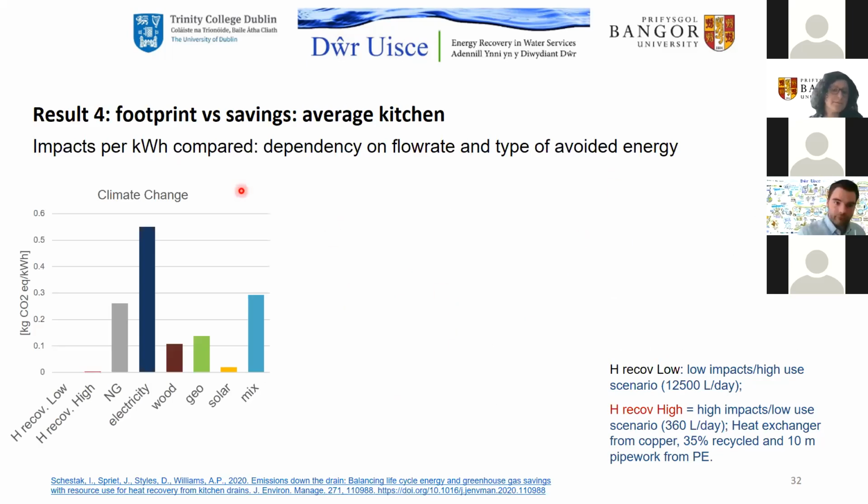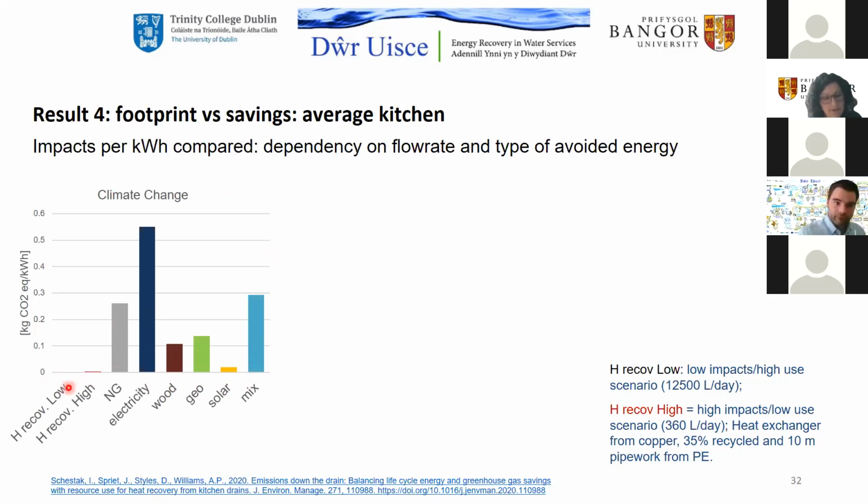The first graph, again for the climate change category, shows us the greenhouse gas emissions I have for producing 1 kilowatt hour of heat using natural gas, electricity, wood chips, geothermal, solar thermal energy, or the currently used energy heating mix.